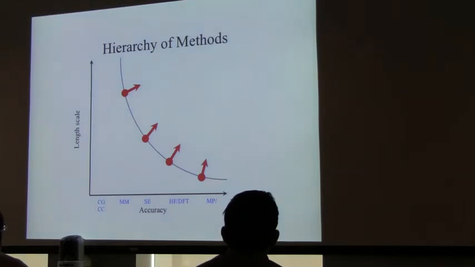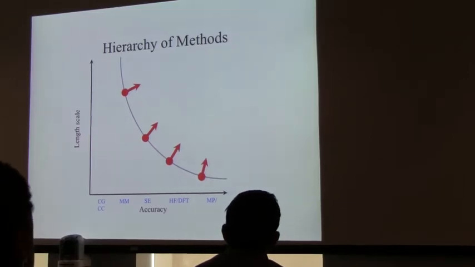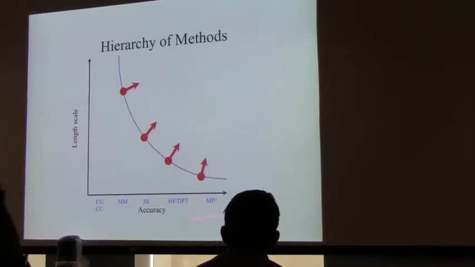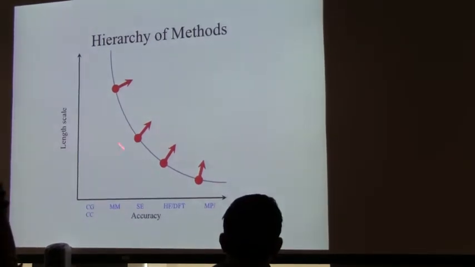As we increase this accuracy, we can only really apply them to rather small systems. So this is like a few atoms, and on the opposite side, if we have coarse-grained methods that we talked about here in the center, or even force fields, we can apply them to rather large systems. So the goal always is to essentially push this boundary of current methods further up to the right.